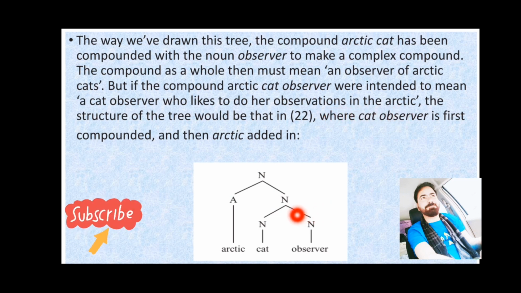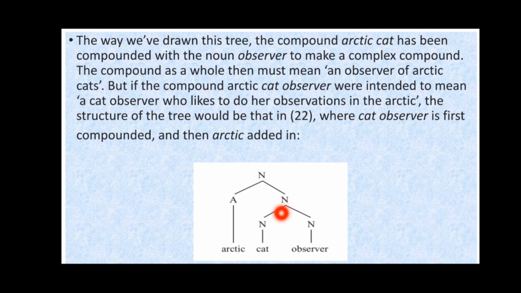So in this structure we would say there is a cat observer, and that cat observer is in the Arctic, right? So the structure of the tree would be like in 22, where cat observer is first compounded and then Arctic added to it. You can see first we have cat observer and then Arctic is added.